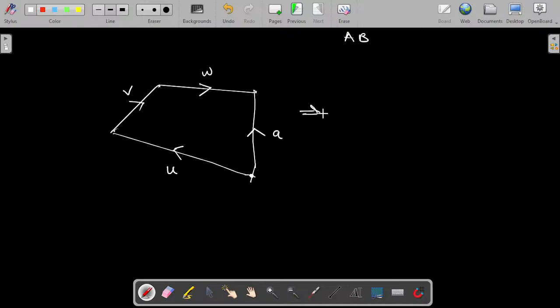So what this means is that A is simply equal to the sum of U, V, and W. So the vector that starts from where this one started from and ended where this one ended, so far as all of them maintain the same direction, will be their sum.